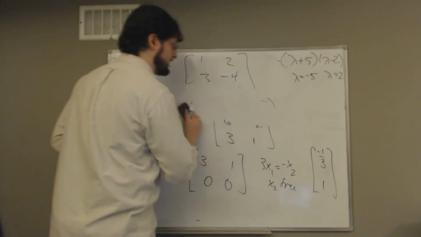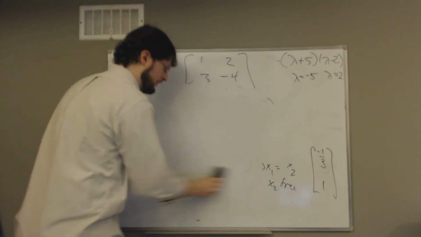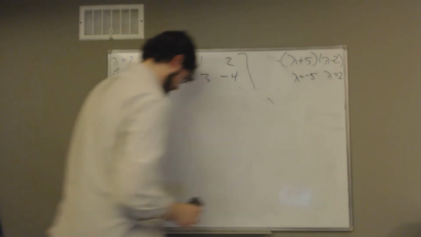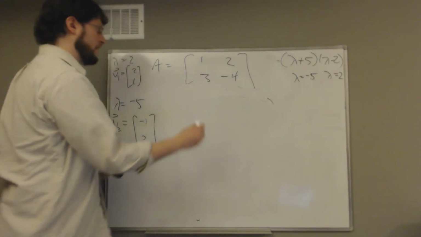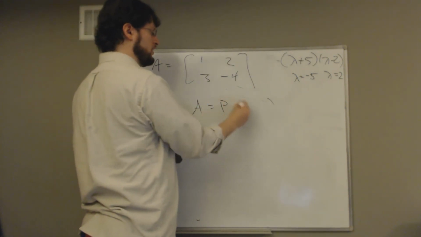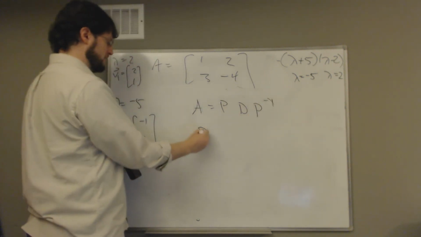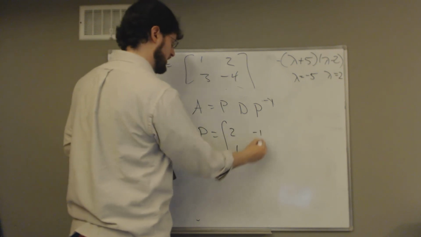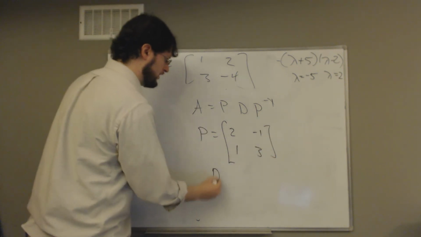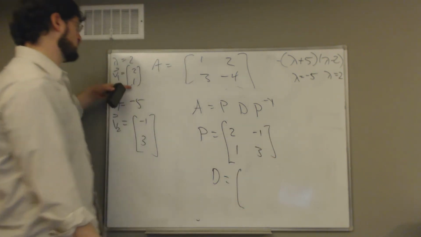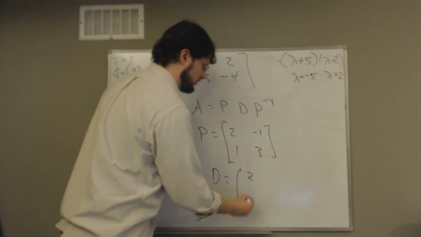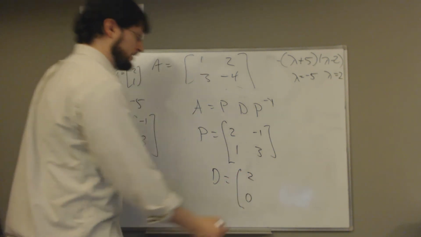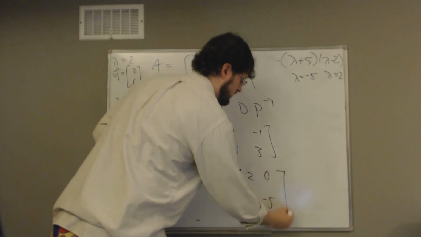So now I've got my eigenvectors and my eigenvalues, and I can say that A is P D P inverse, where P is [2, -1; 1, 3] and D is a diagonal matrix with 2 here, since 2 corresponds to [2, 1], and -5 on the second one.